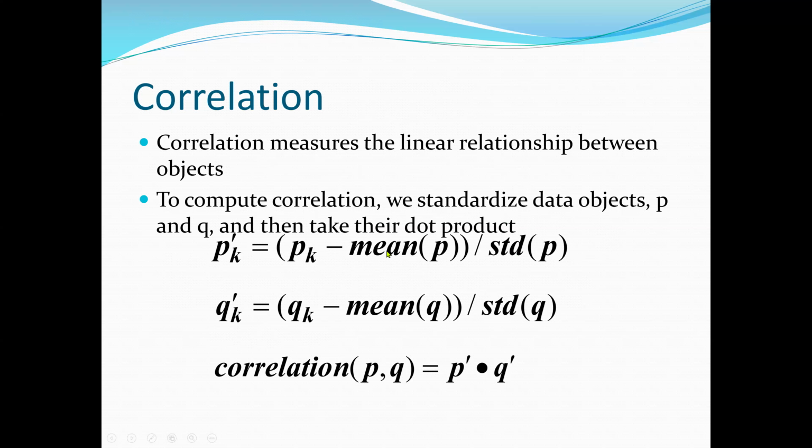This is (Pk minus the mean of P) divided by the standard deviation of P, and then for Q, (Qk minus the mean of Q) divided by the standard deviation of Q. Once we know the two values, we can find the correlation of P and Q, which will be the dot vector product.